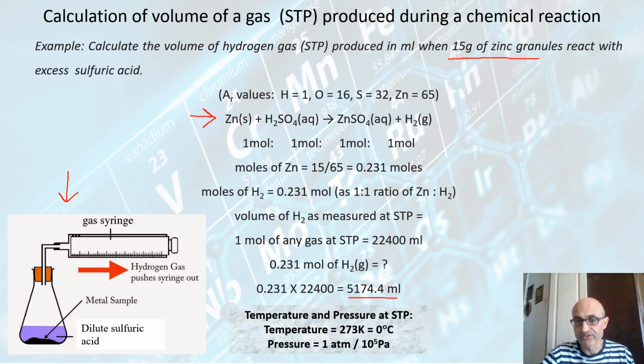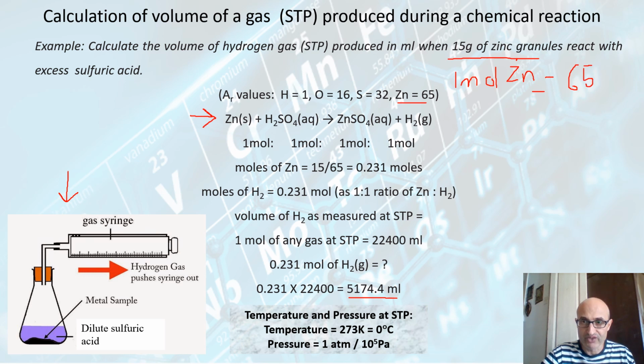So what we do, as always, is look at the relative atomic mass of zinc. It is 65, and we know therefore that 1 mole of zinc will weigh 65 grams.